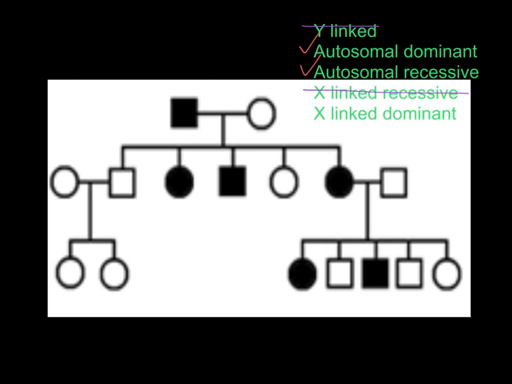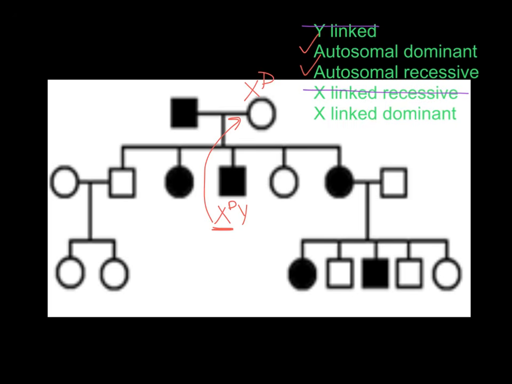And our last question is, is this possibly an X-linked dominant trait? Now, let's take a peek at this family right here. We understand that if this were an X-linked dominant mode of inheritance, then this son would have XD, Y, and he would have received his X from his mom. That means that the mom would have to have XD and something else.